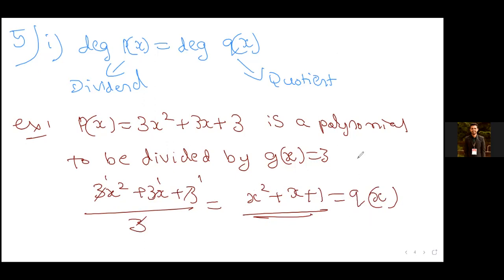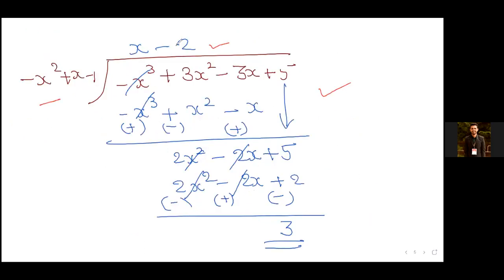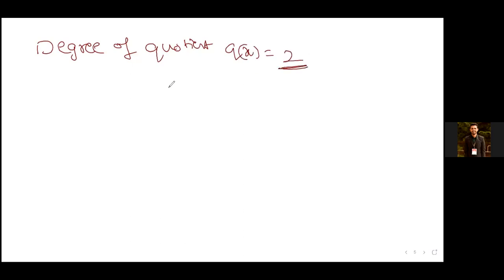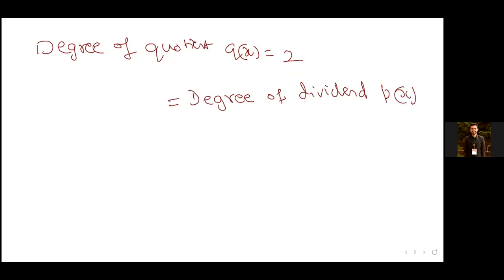What you see here is the degree of this quotient. Degree of quotient q of x is equal to 2, which is equal to the degree of dividend p of x.